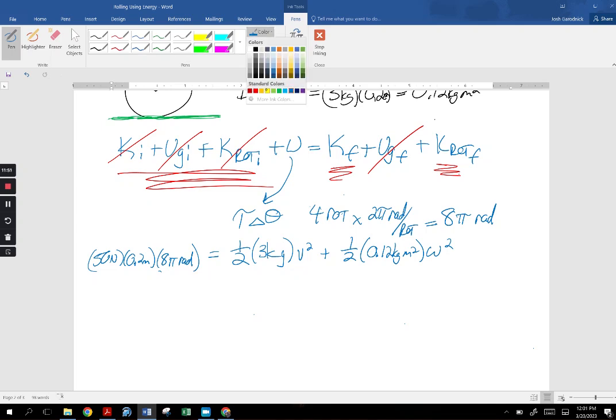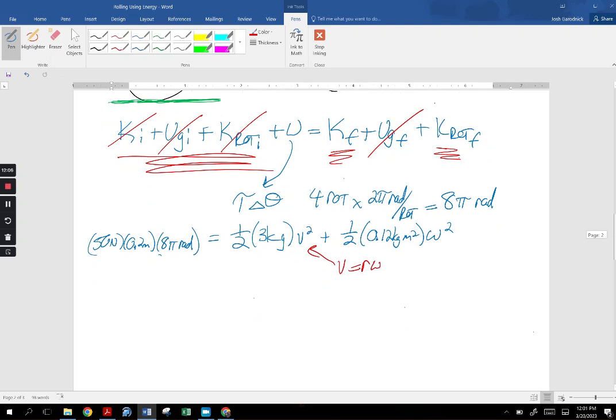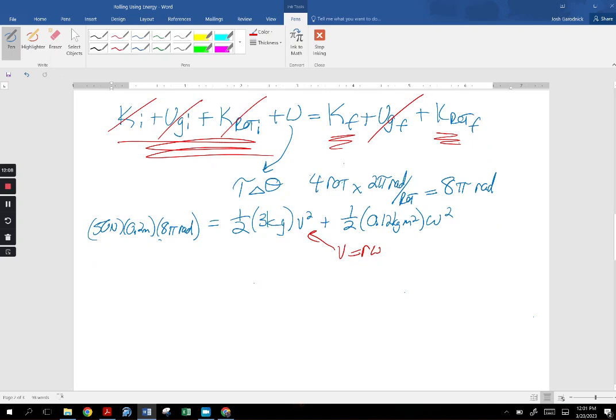All right, we are solving for, I believe, angular velocity. So we got to get rid of this v here. And this v here is going to be, as you know, rho omega. All right, so let's get some numbers in a calculator here. That is 10, that's 80 pi.